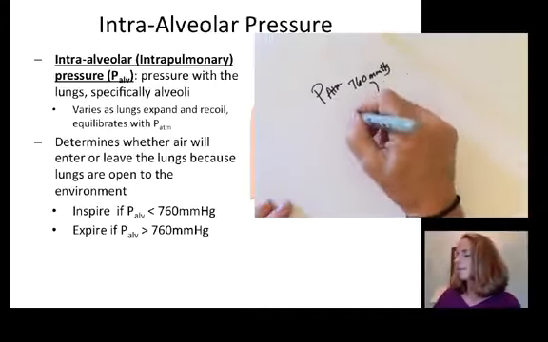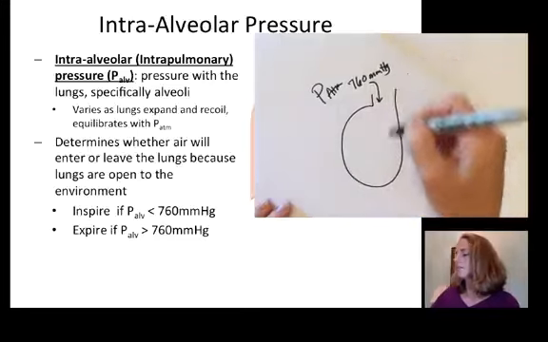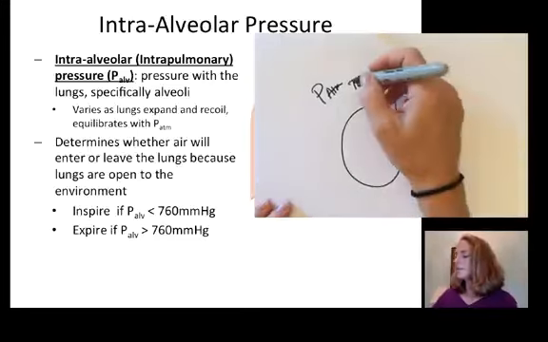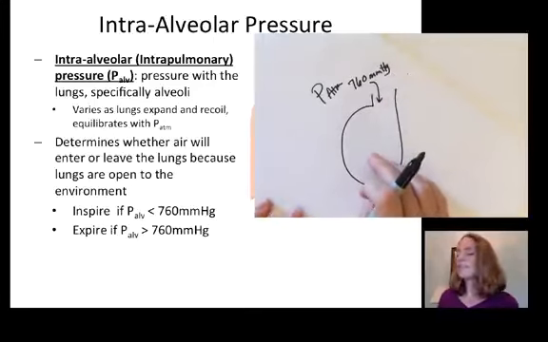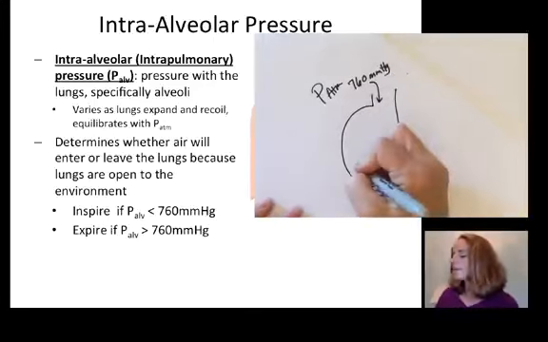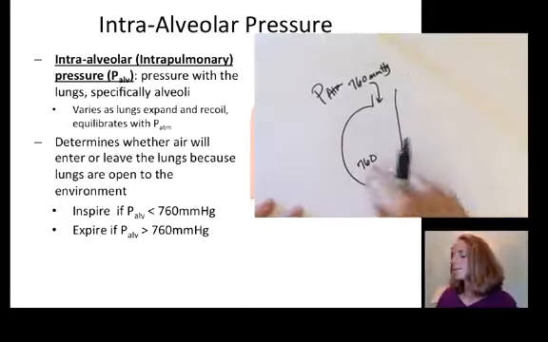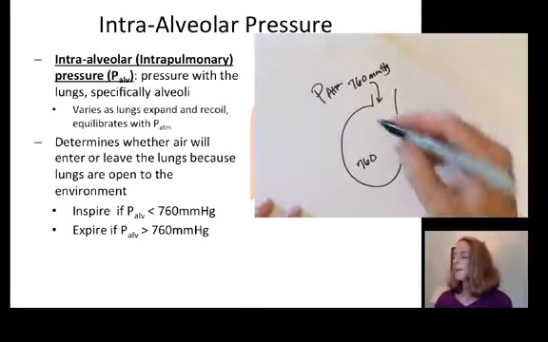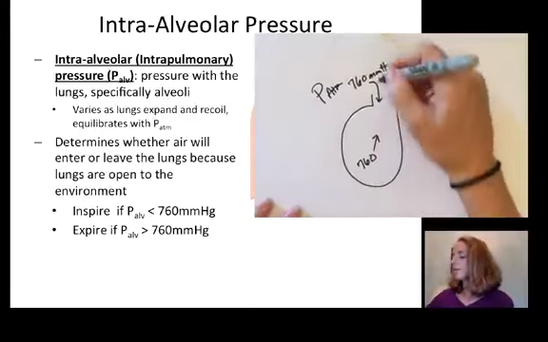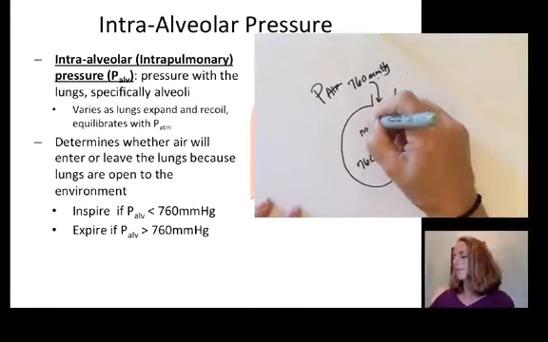I'm just going to draw one side of the lung just for simplicity's sake. So the pressure outside is 760, and let's say the pressure inside of the lungs was neutral, 760. What's going to happen? Nothing, right? So they're normal, 760, 760, no airflow.